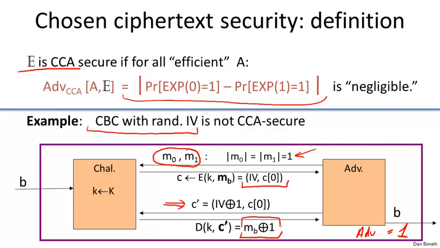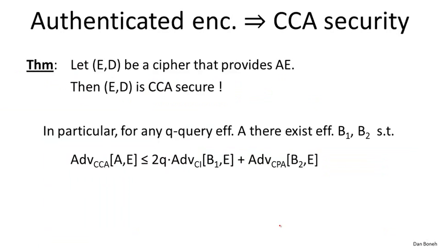are CCA secure? So I claim that this authenticated encryption notion that we defined before actually implies chosen ciphertext security, and this is why authenticated encryption is such a natural concept. Okay, so the theorem basically says, well, if you give me a cipher that provides authenticated encryption, the cipher can withstand chosen ciphertext attacks.